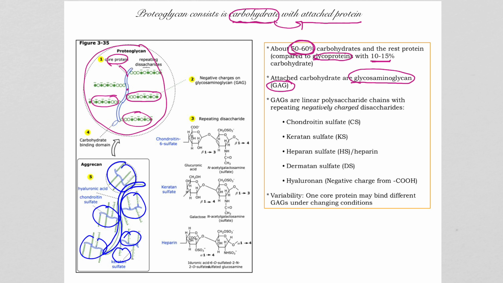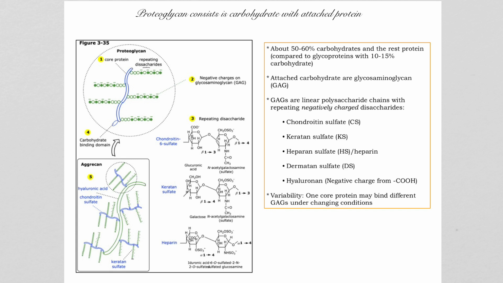Now, one very important point about these carbohydrates, these GAGs: there are a variety of GAGs. You can see chondroitin sulfate, whose structure is shown here, keratan sulfate, and heparan sulfate and heparin, which are very similar.